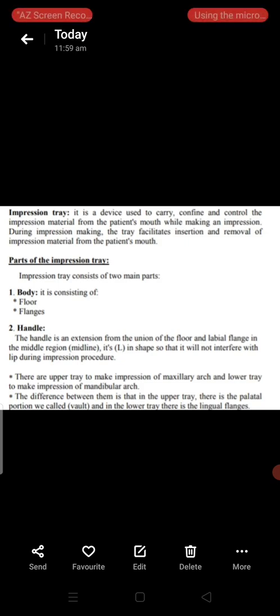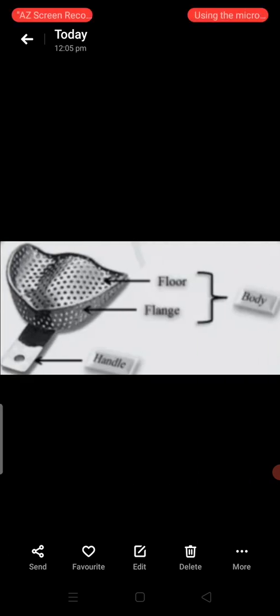The additional part in the mandibular tray is the lingual flanges, which come in the lingual space between the tongue and teeth.